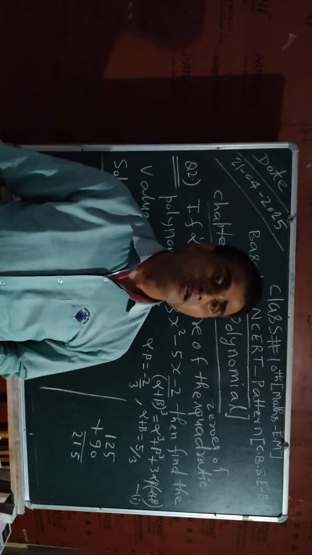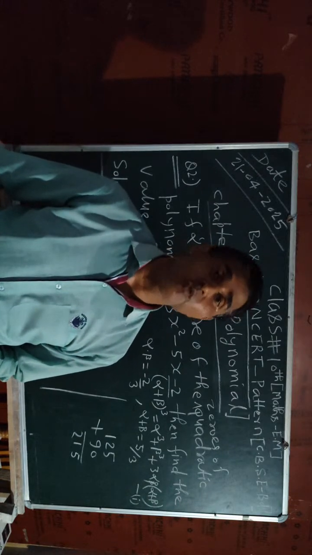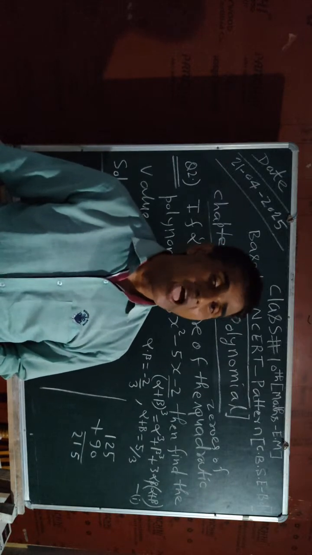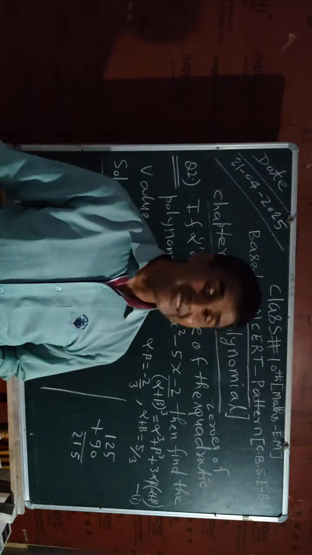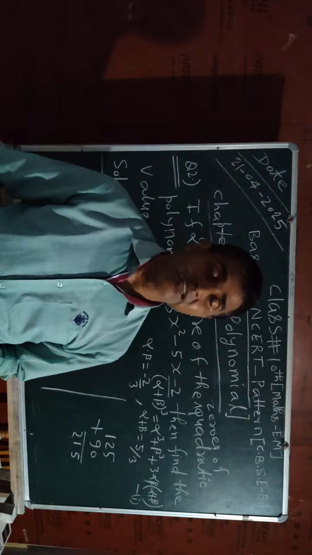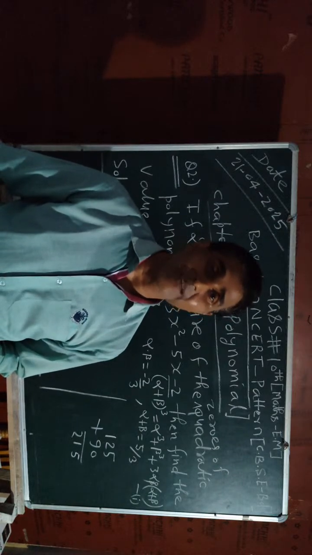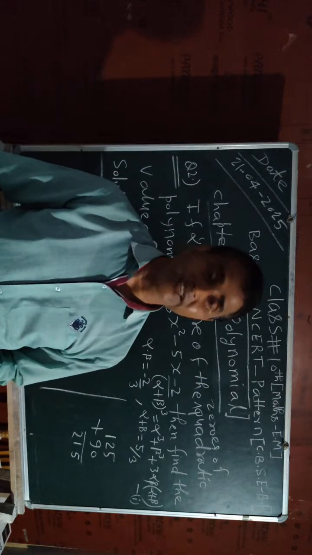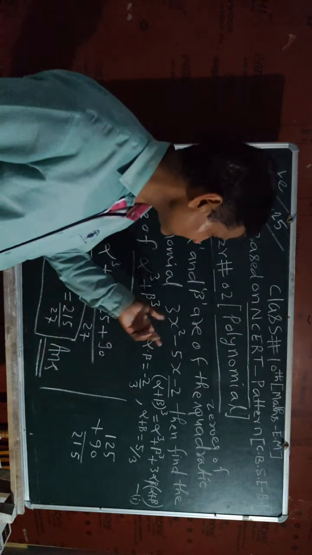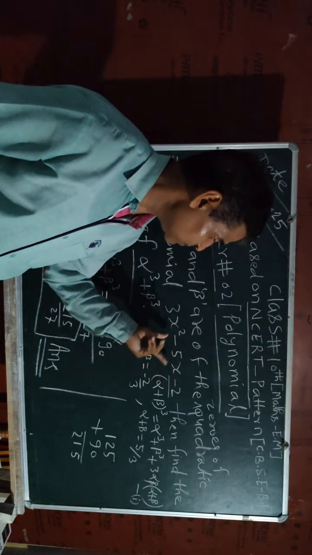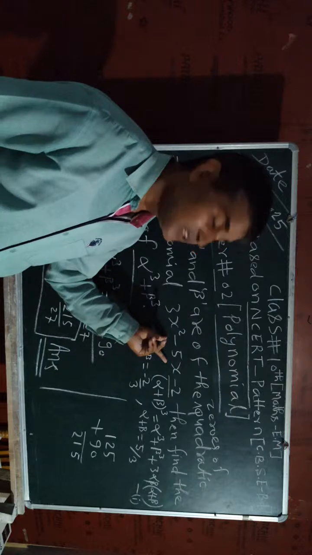That is, the sum of the zeros is equal to minus the coefficient of x divided by the coefficient of x square, and the other condition is the product of the zeros, written in other form as alpha into beta, which is equal to the constant term divided by the coefficient of x square.